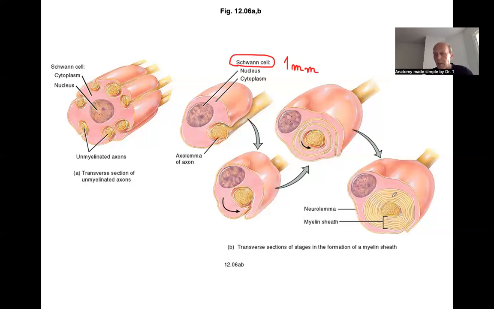This is axon, which appears to be properly myelinated, and this is just a sequence illustrating how the Schwann cell simply wraps itself around it. Please remember, it is formation of a myelin, but only valid as information within the peripheral nervous system.